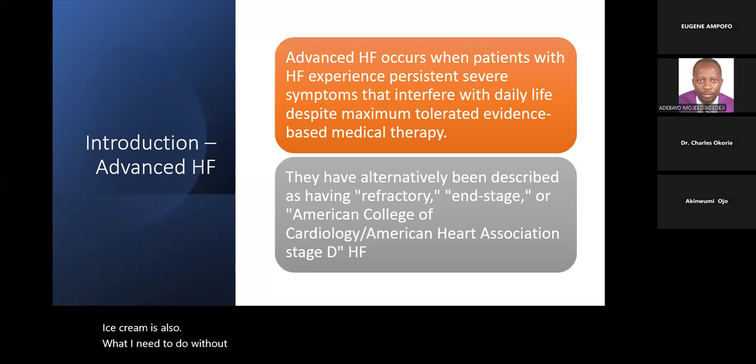So when you are asked to discuss a patient with refractory heart failure, what you are discussing at that time is not devices again. It is now transplant. You want to lead this patient for transplant and look at the indications and contraindications for transplant in that patient.